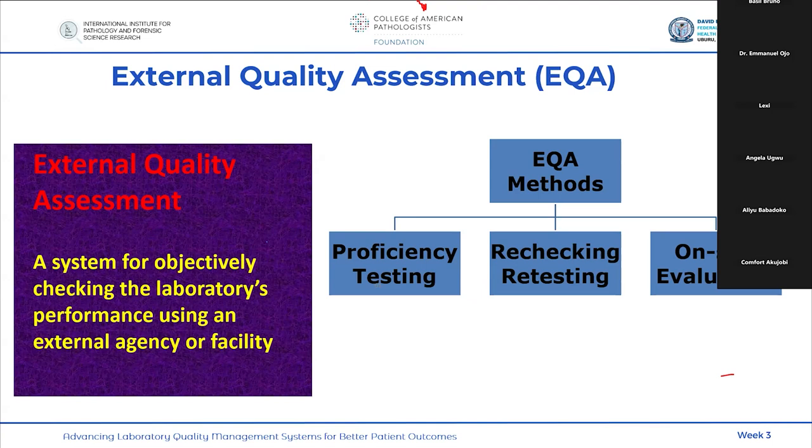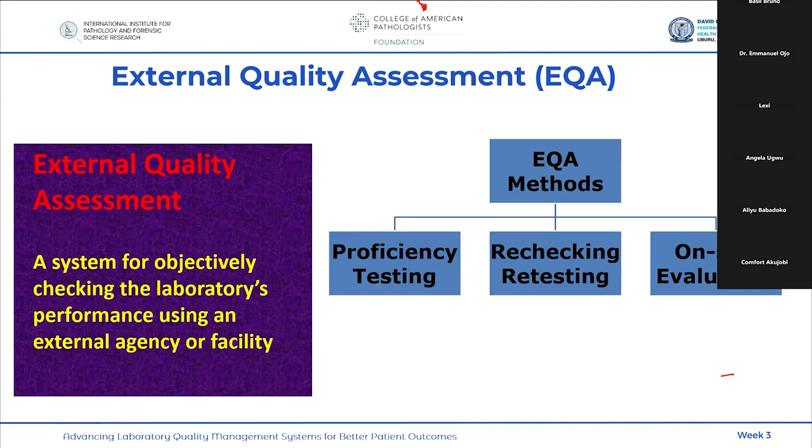This simply means reading again slides that have been previously read by the first reader. So we say we have the first reader, the second reader. It's also used in malaria microscopy. Previously read slides are taken and read again by expert readers, to know how well the laboratory is doing. And retesting, on the other hand, is when you have to retest, maybe an HIV serology sample whose result has been previously generated.